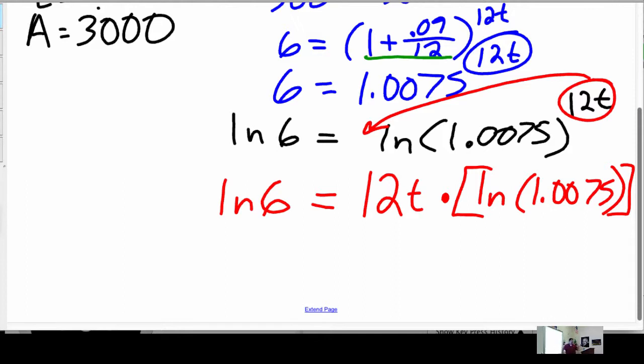That make sense so far? You guys with me? Now I want to get t by itself.